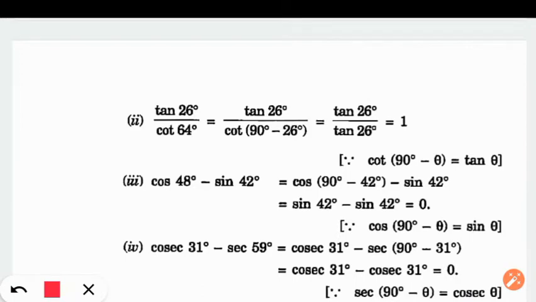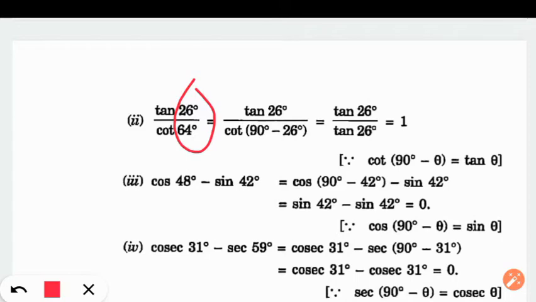Just see these two angles, 26 and 64. Are they complementary to each other? If we add 64 with 26, we get 90 degrees. So 26 degrees and 64 degrees are complementary to each other, and when two angles are complementary, you can apply all those formulae.